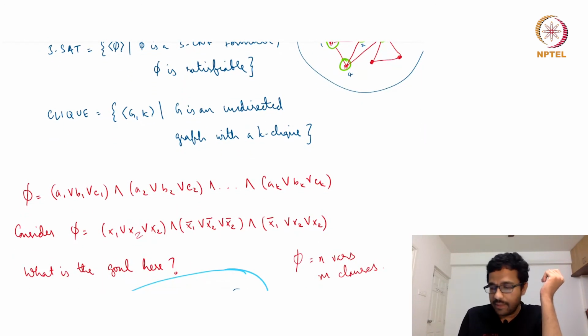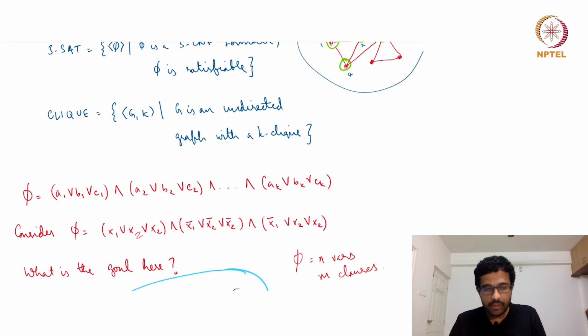So 3-SAT means it's a 3CNF formula, which means it's an AND of clauses where each clause is an OR of 3 literals. So let's say the clauses are (A1 or B1 or C1) and (A2 or B2 or C2) and so on, up to (AK or BK or CK). So there are K clauses, where each of A1, B1, C1 etc. can be literals. So each A1 could be x1 or x1 complement, x2 or x2 complement.